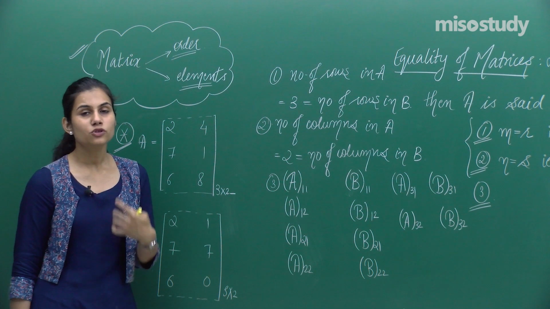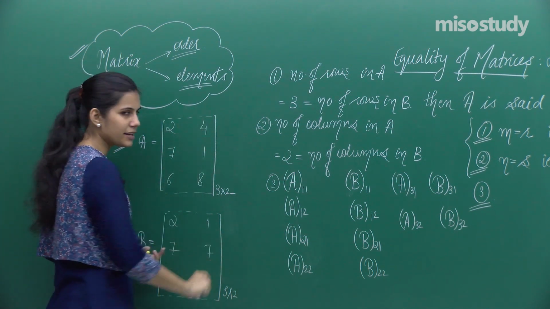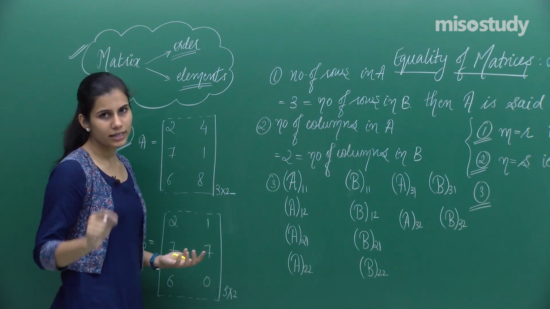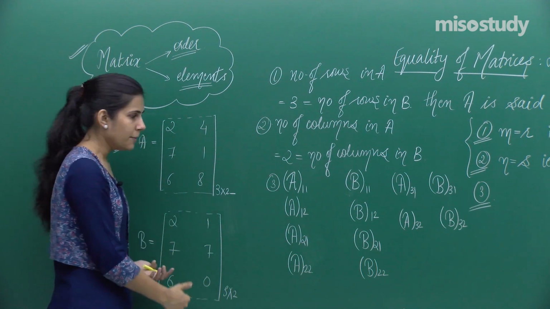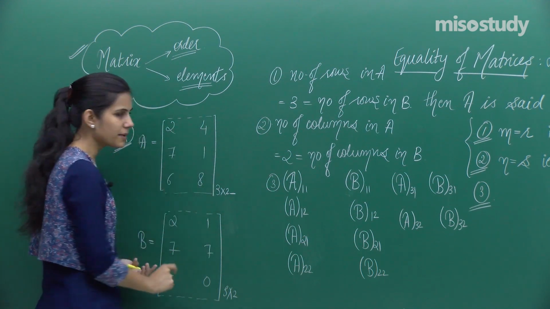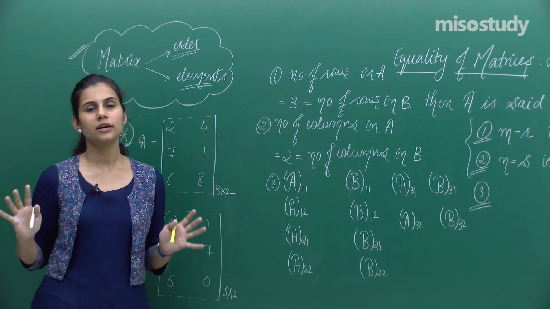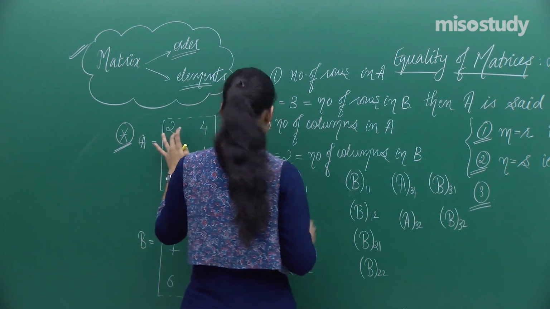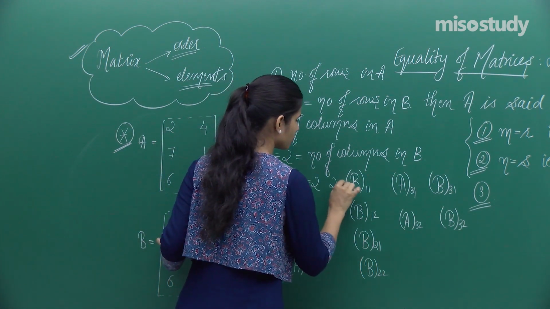Why am I even able to make this check? Because the positions available to both the matrices are exactly the same. If the positions had not been the same, I would never have asked whether the elements sitting in those positions are the same or not. But because the positions available in both the matrices are the same, the next question is whether the elements sitting in those positions are the same or not. Here, matrix A's 1/1th element is 2 and matrix B's 1/1th element is also 2.